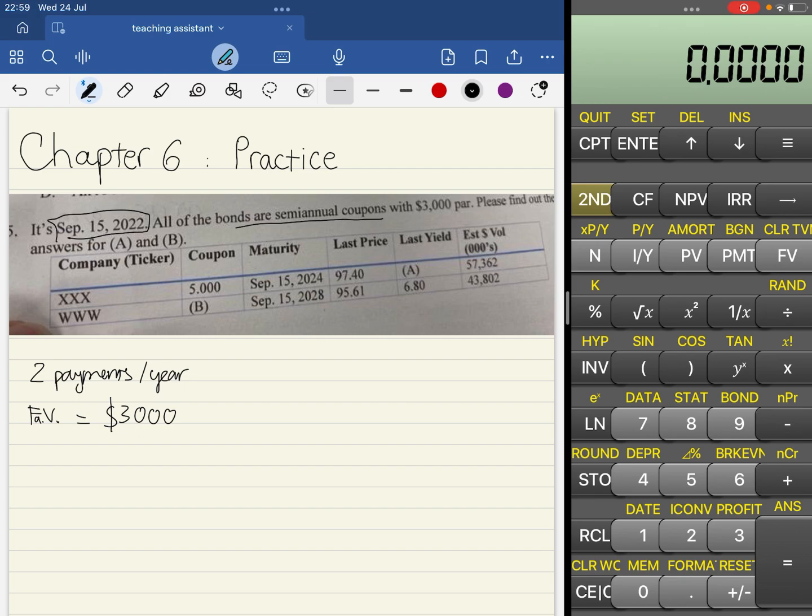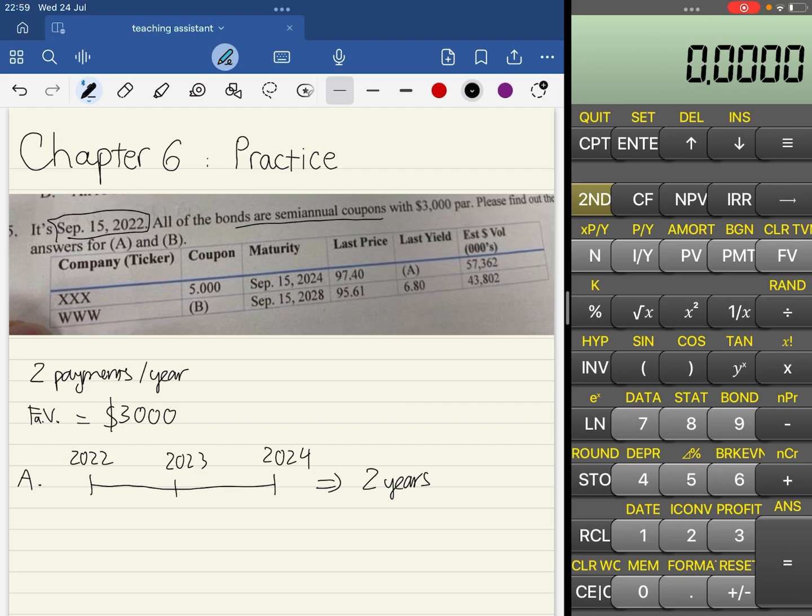As we can see, the maturity date for the bond provided by company XXX is on September 15, 2024. So if we draw a timeline for part A, today is 2022, we have 2023, and we have 2024. So clearly we can see that there are 2 years here.